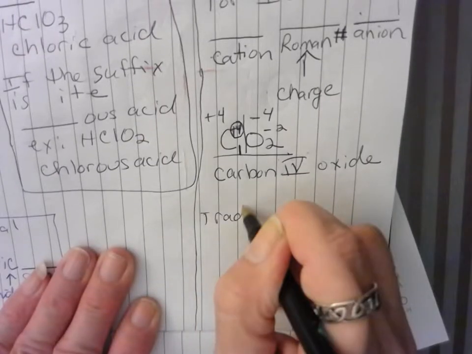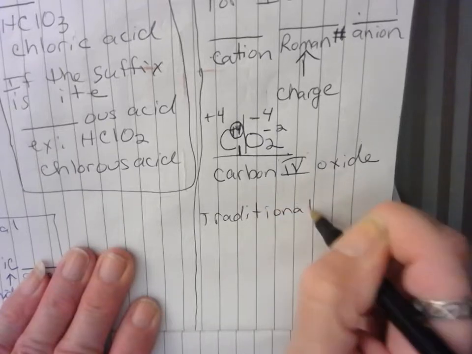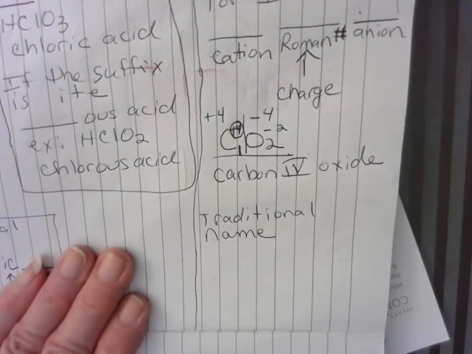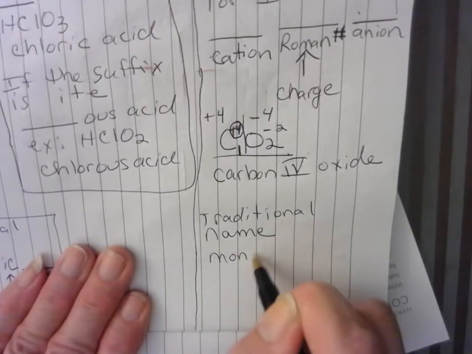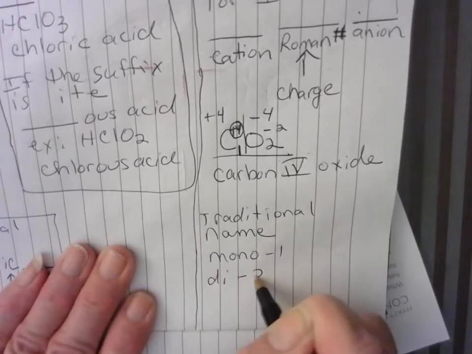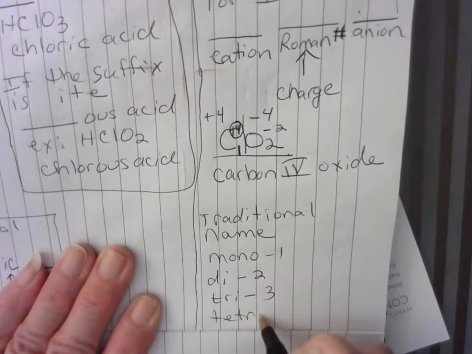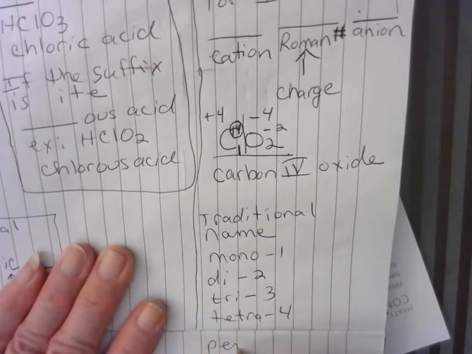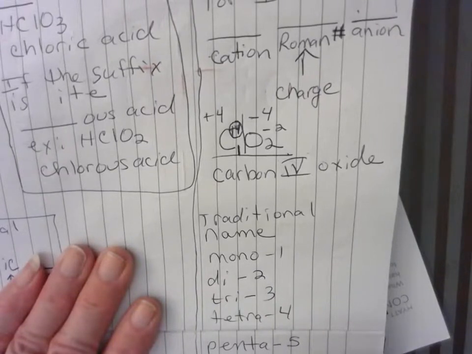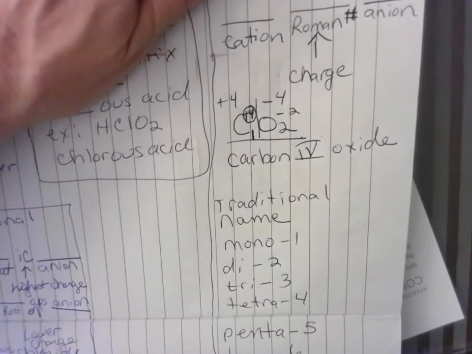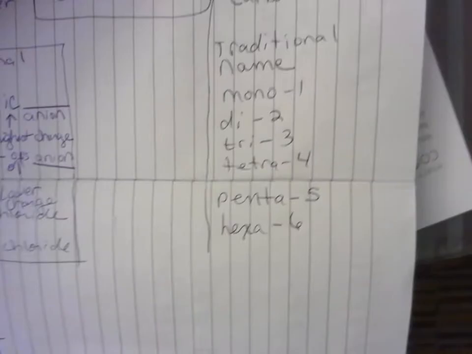Traditional names use the Greek prefixes mono, di, tri, tetra, penta, or sometimes just pent, hex, or hexa, which, by the way, hex is German for witch.